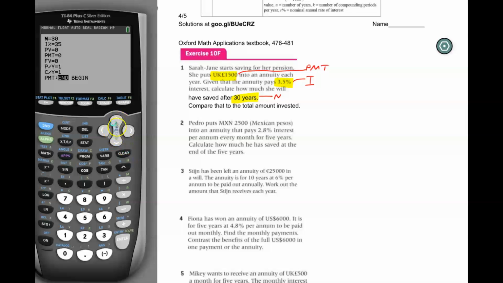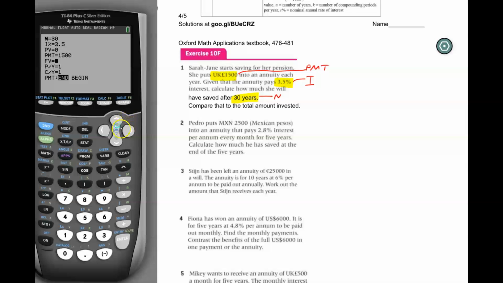3.5. And the present value, well, how much does it start with? It starts out with 0, so the present value is 0. The payment is 1,500 per year. And the FV, how much will she have saved after 30 years? The future value is what we're trying to calculate, so we don't need to fill in anything there.